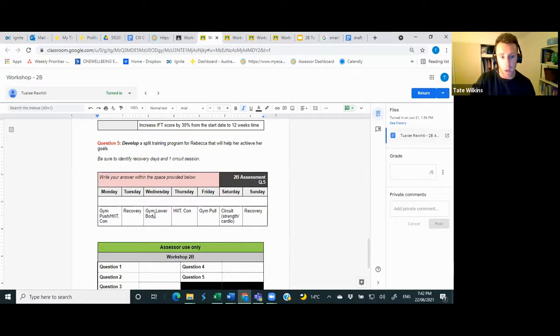Or you might want to do recovery on the Thursday. It's probably better, because you've got a recovery Sunday, then three days of training, recovery, and then two days. So you're doing three on, one off, two on, one off.